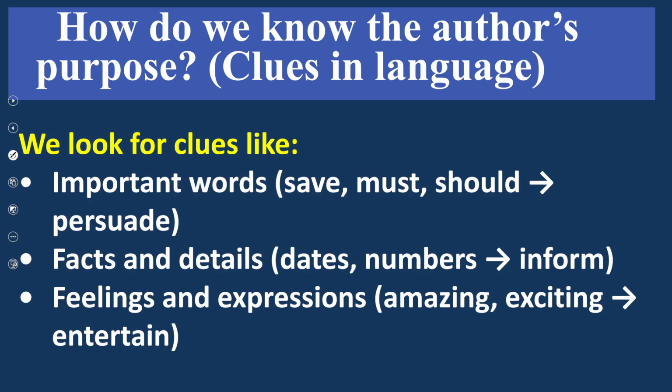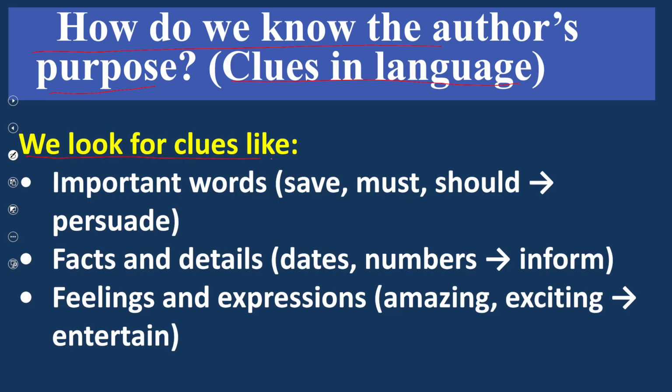How do we know the author's purpose? Very important question. There are clues in language. The writer uses some specific language and deliberately leaves some clues in the language to show the author's purpose.